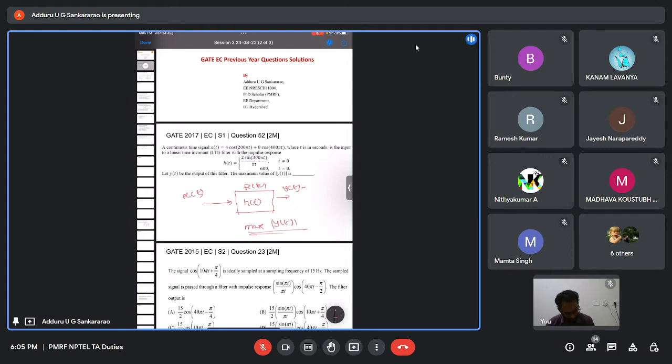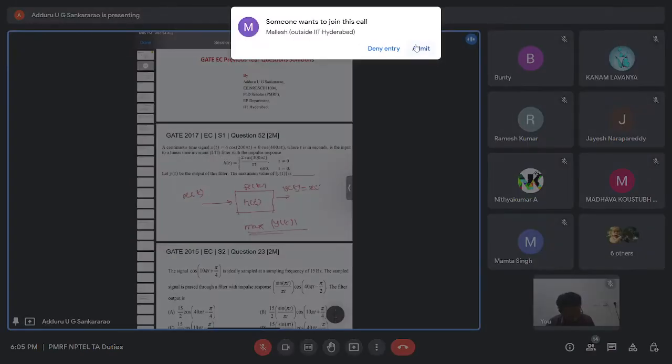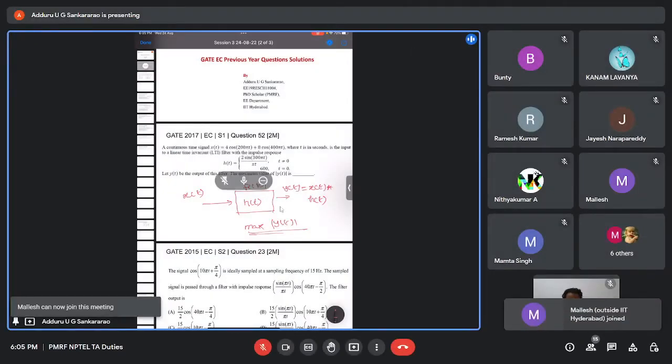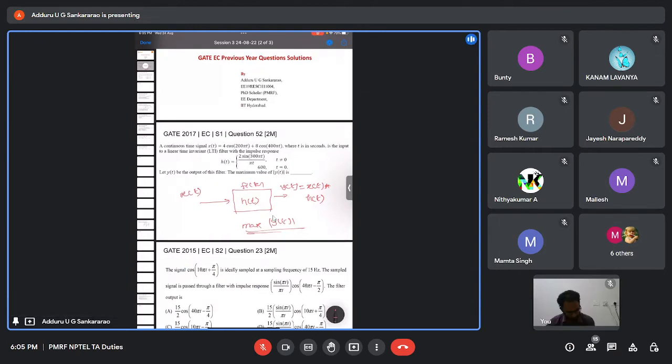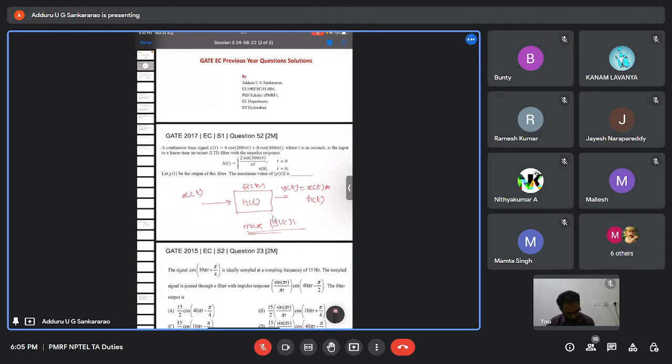For an LTI filter, if x of t is the input and h of t is the system response, then we know the output is x of t convolved with h of t. Instead of doing that, we can solve this problem in the Fourier domain, in the frequency domain.